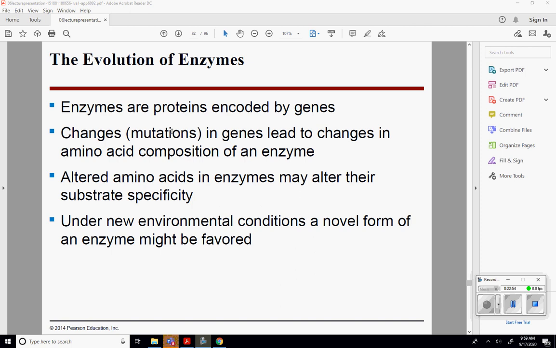Changes or mutations in genes lead to changes in the amino acid composition of an enzyme, so that can change the enzyme, sometimes even making it not work like it's supposed to. Altered amino acids in enzymes may alter their substrate specificity. It's a hard word to say. Under new environmental conditions, a novel form of an enzyme might be favored.